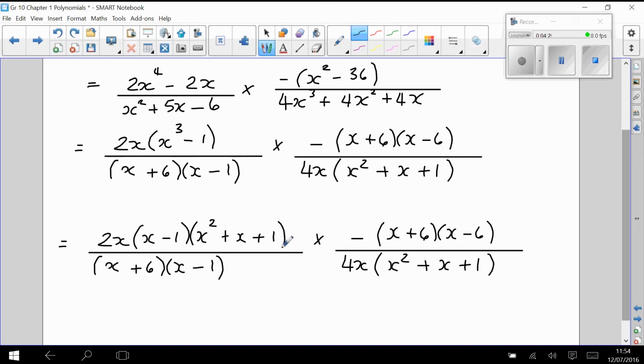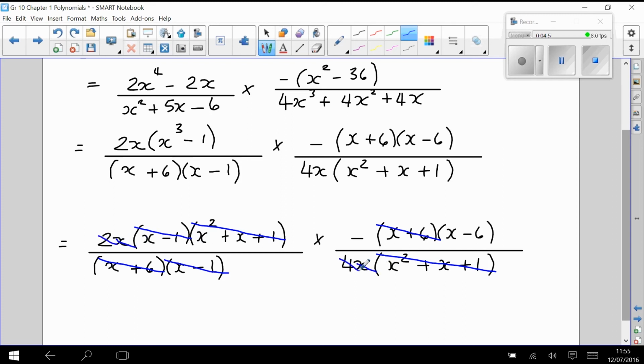I'm now ready to try and cancel common factors. The first common factor that I can see is this nice long trinomial bracket, and I can cancel the one on the left at the top with the one on the right at the bottom. The x plus 6 factor is repeated. The x minus 1 factor is repeated. The x factor is repeated.